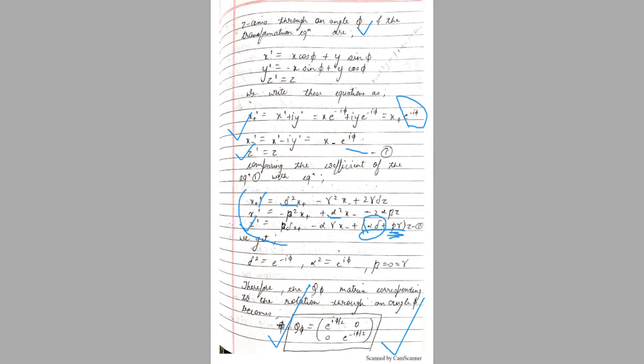Similarly, I will do this for rotation number 2. Since I know that in the second rotation, in 3D space, we rotate with an angle theta, and the rotation is done about the new x-axis.